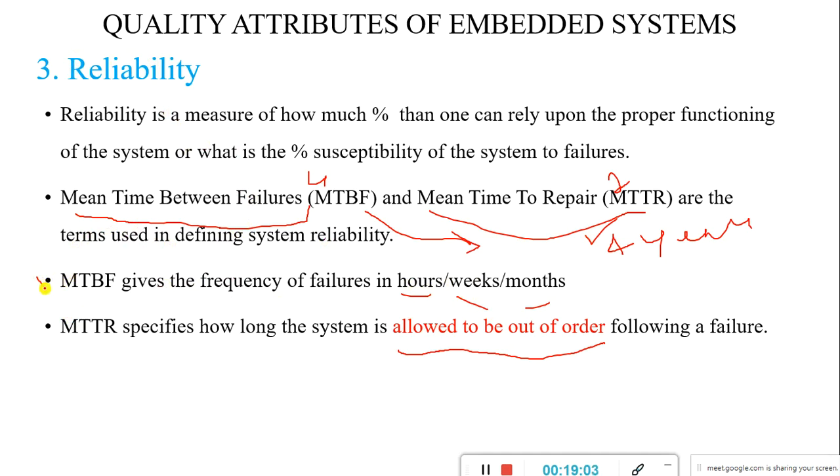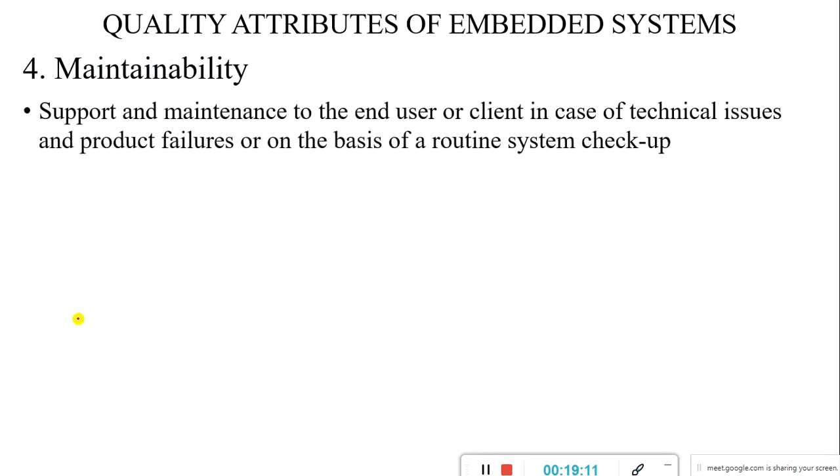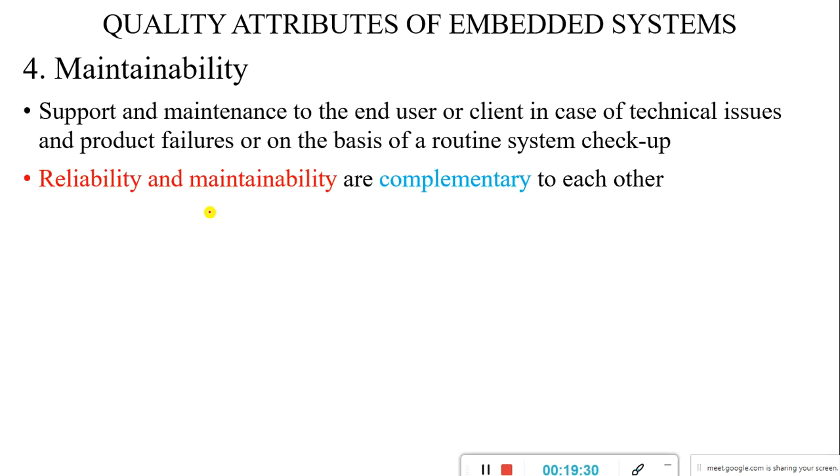Make sure that whenever you write about the reliability concept, you do not forget to mention these two important concepts. Now, maintainability: we have a systematic equation for that, to support maintenance for the end user. Basically, whether it is product failure or routine checkup, it has to be calculated before coming to the market.